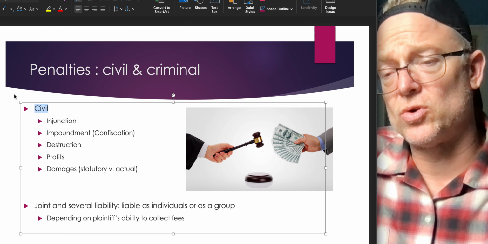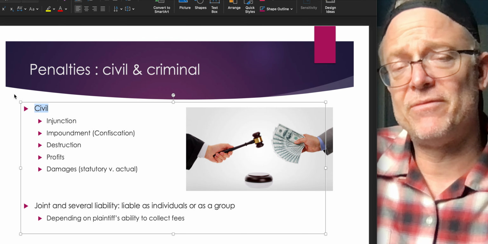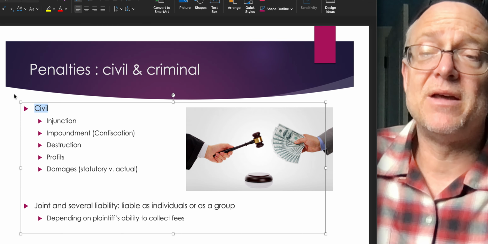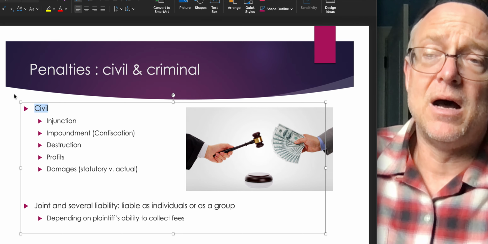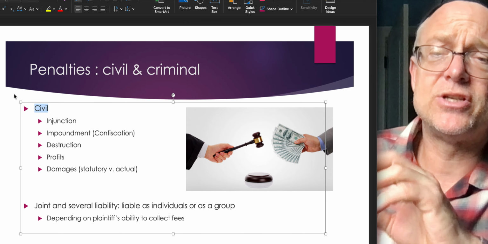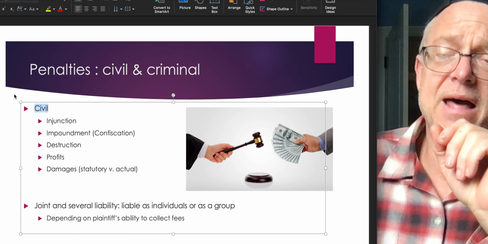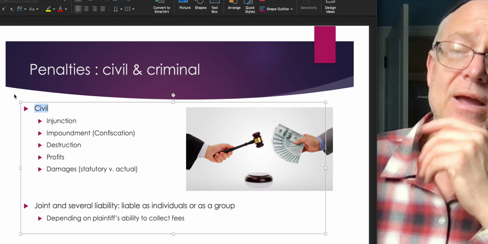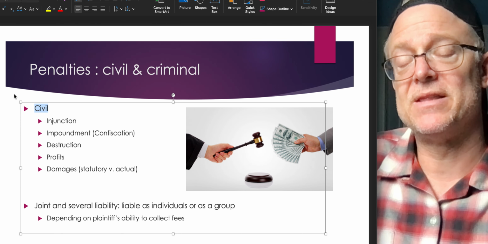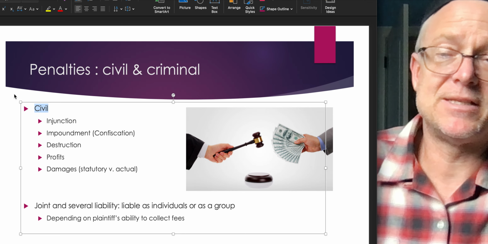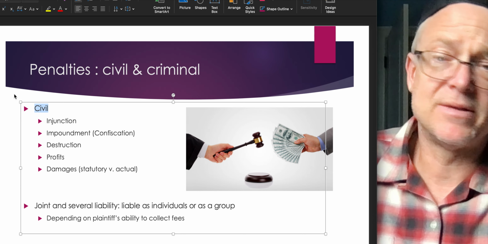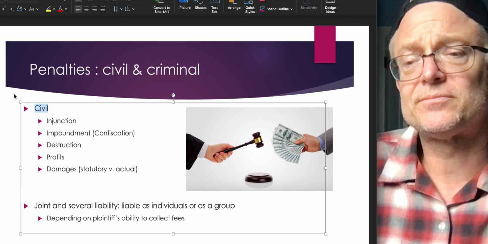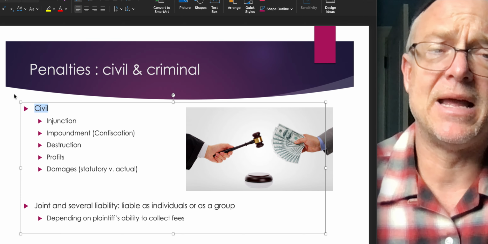That equipment can then be destroyed, so you've got a destruction of infringing materials, confiscation of the profits themselves, and the assessment of additional damages, which can be assessed on a sort of legal equation, so that would be statutory damages, or you could do the math and say this is how much I actually lost, and then the judge could say, okay, we're going to fine for actual damages in that situation. So those are the penalties that are most commonly associated to a civil copyright case if the defendant is found guilty. And once again, joint and several liability do apply here.